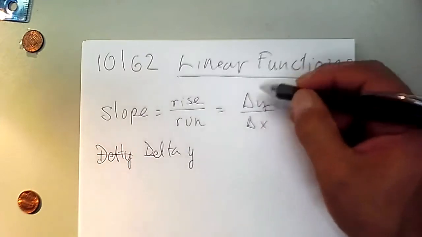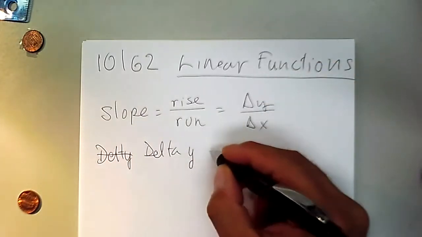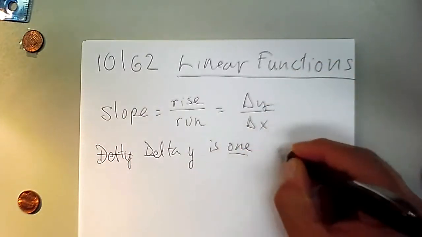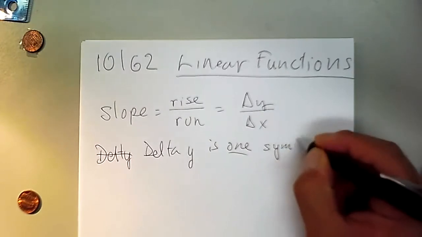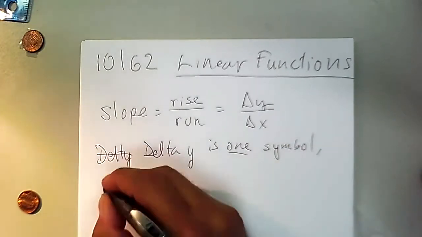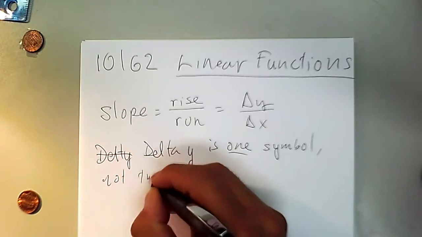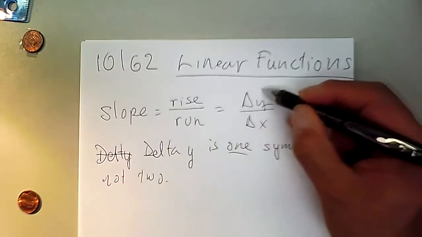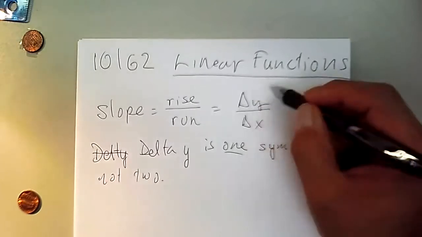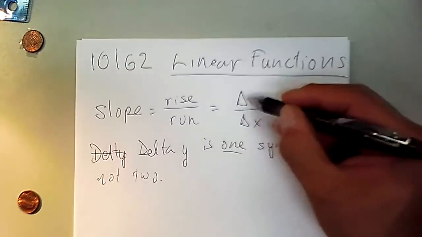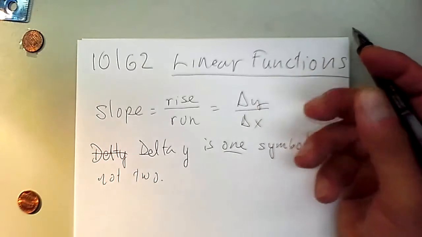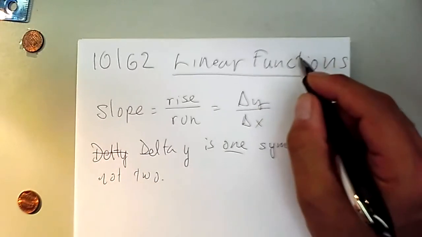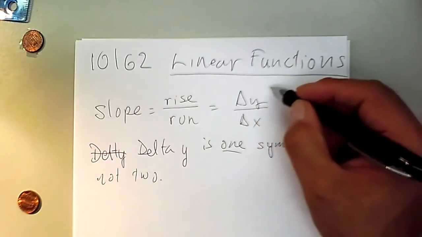But no, it's just one symbol. Delta y is one symbol, not two. It never splits. It's just a long variable name.